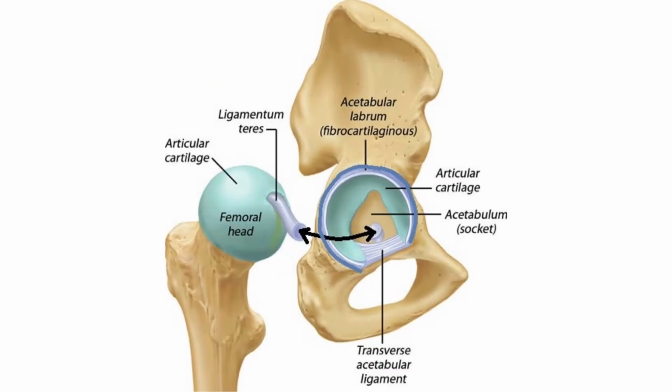In this image, I can see that there are two arrows to the left. This arrow is indicating a ligament coming from the fovea capitis of the head of the femur, and the ligament extends into the acetabulum, and this is called the ligamentum teres.